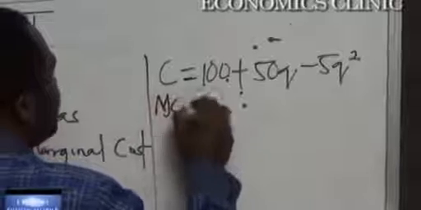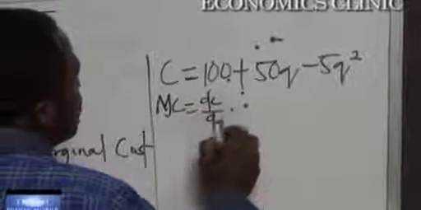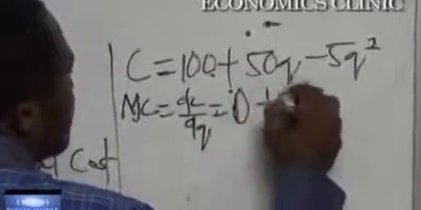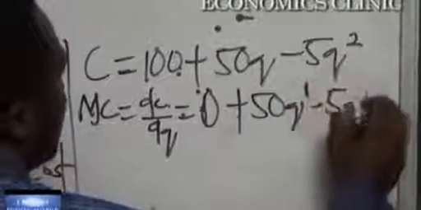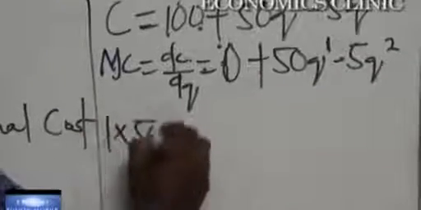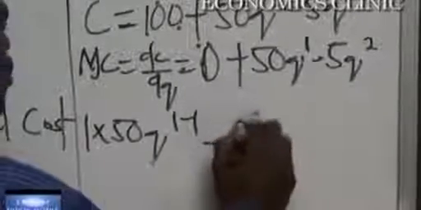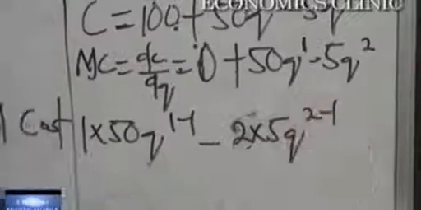So we have MC, which is equals to dC over dQ, which is equals to 100, which will now be 0, plus 50Q raised to power 1 minus 5Q raised to power 2. We apply differentiation also. So we have 1 times 50Q raised to power 1 minus 1 minus 2 times 5Q raised to power 2 minus 1.